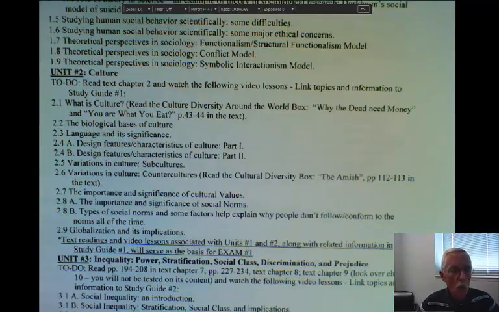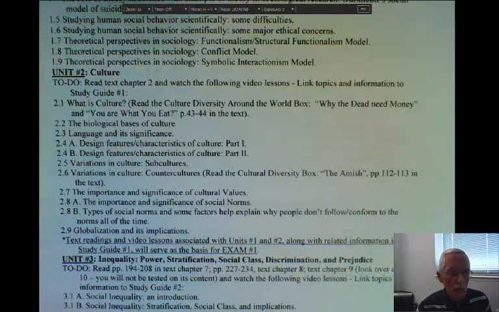Now, prepping for exams, and this is something I want to emphasize very strongly. Please don't approach this course or any collegiate level course as if it's a high school class. I've had a lot of students tell me, well, I've done flashcards. Memorization alone won't do the trick.